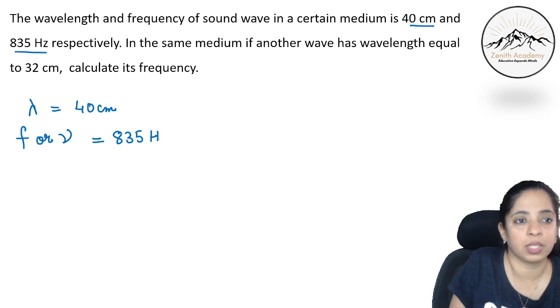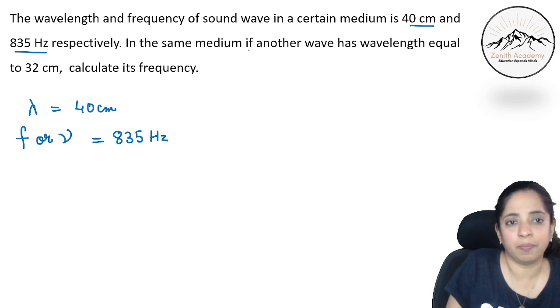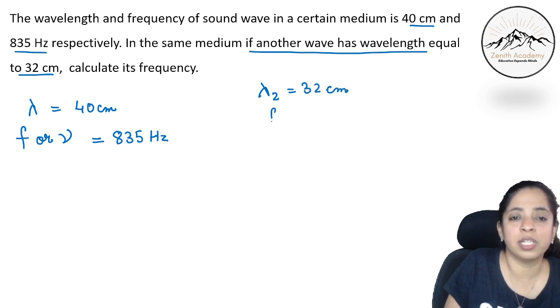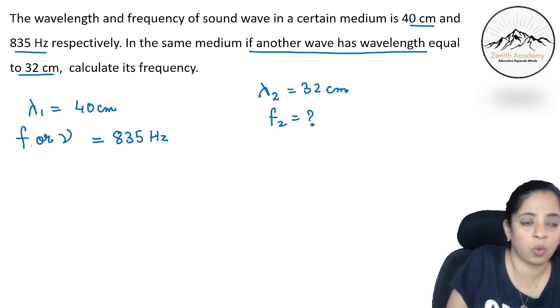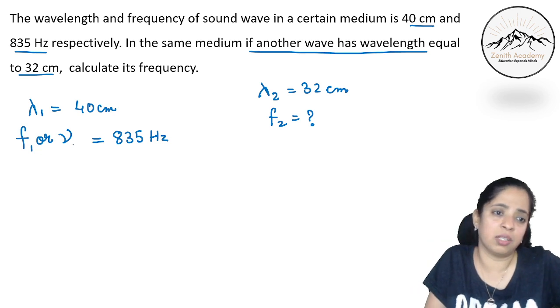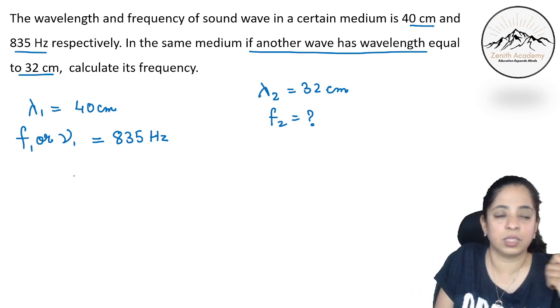In the same medium, if another wave has a wavelength equal to 32 centimeter, calculate its frequency. F2 you have to calculate. Suppose this is 1 and 2. I am taking F for convenience; you can take either.